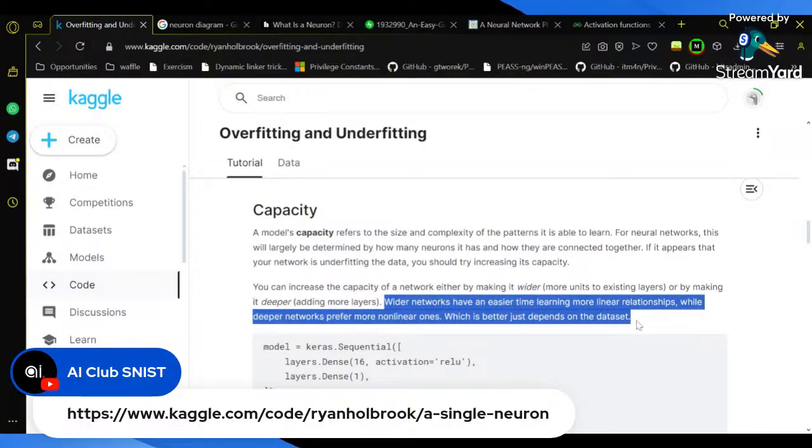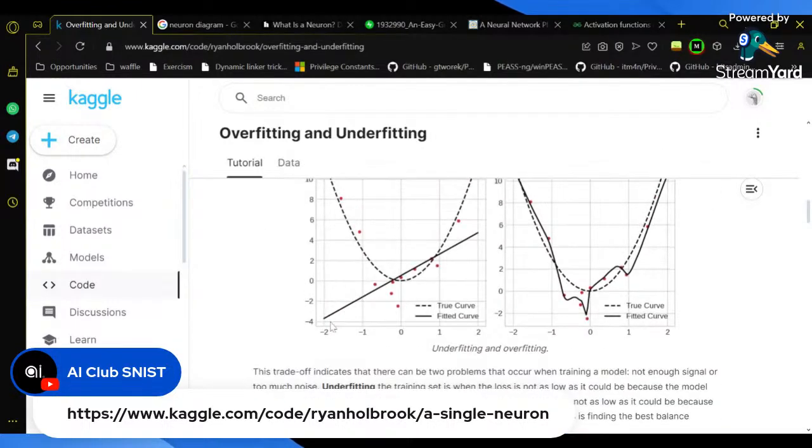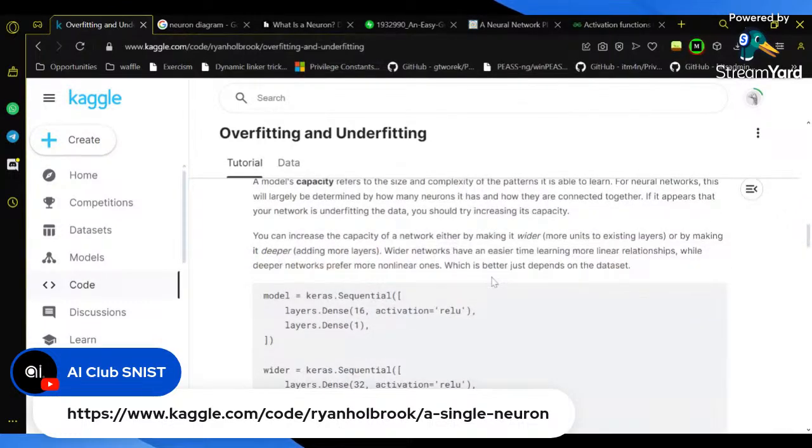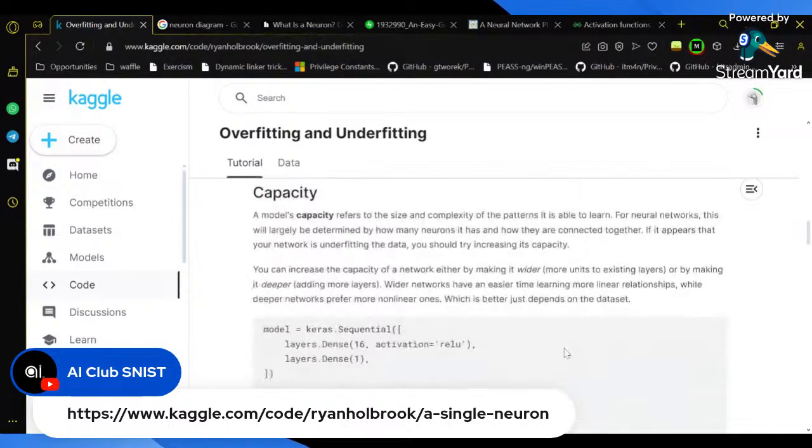Wider networks have an easier time learning linear relationships. If my function is actually linear, adding more nodes will be helpful. But if it's a parabola or hyperbola, then adding more layers will make it easier.